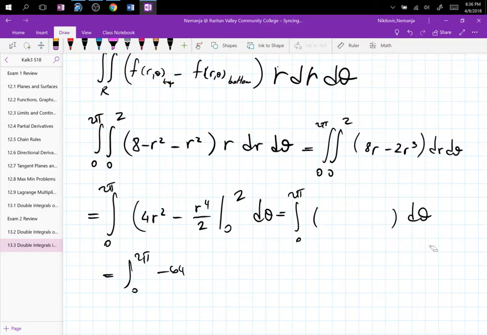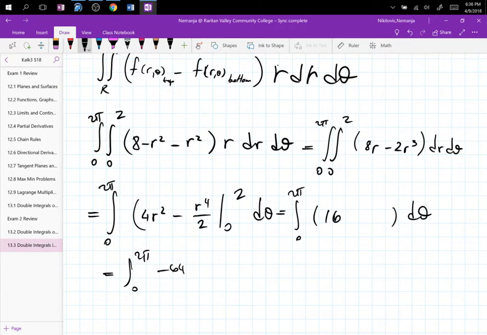So 2 to the 4 is 16, minus 8. So we have 8 d theta, which gives 16 pi. Nice.